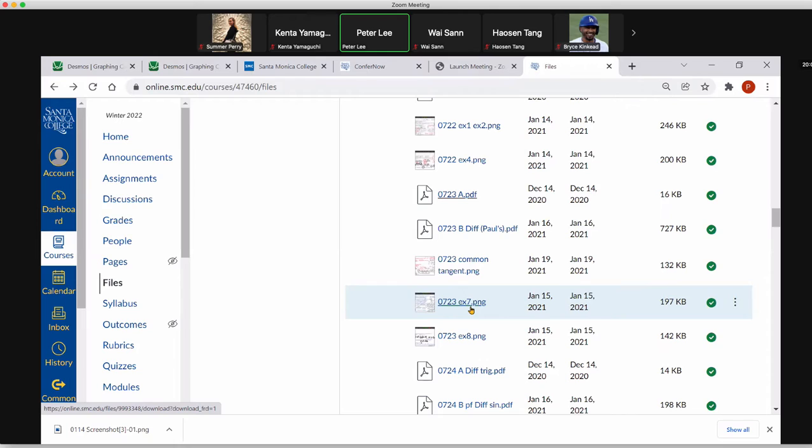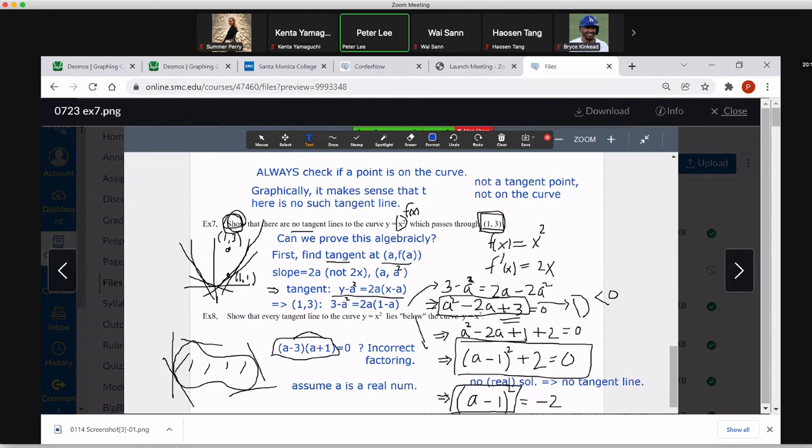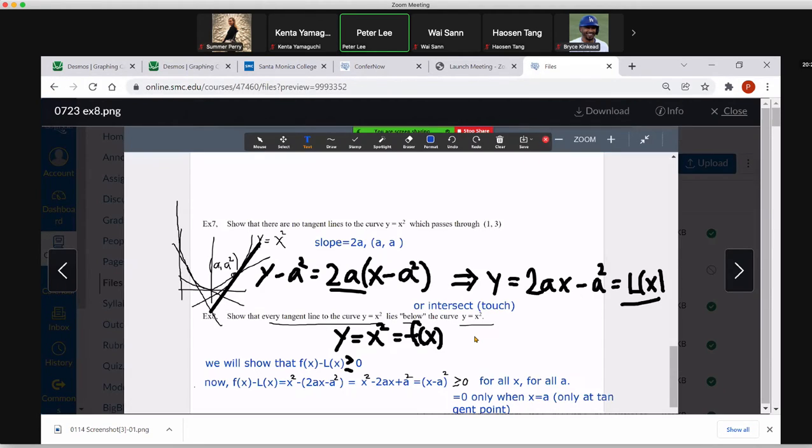That's the problem where you have to show that the tangent line does not pass through 1, 3. So here it is. There's the solution right there. Okay, now I'm going to just close it. And then example 8, you have to show the line is below that curve. And so there's the solution right there.